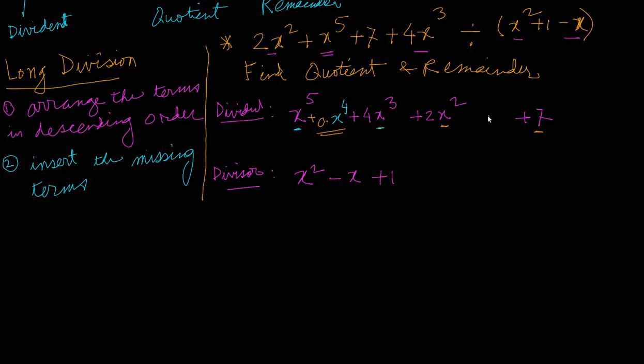So what term am I missing here? The x term. So again, I am going to add 0 multiplied by x. So I am inserting 0 multiplied by x, and here I am inserting 0 multiplied by x power 4. That is called inserting the missing terms. That is my step number 2.